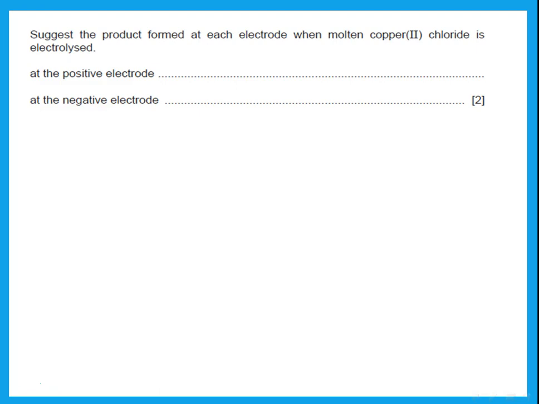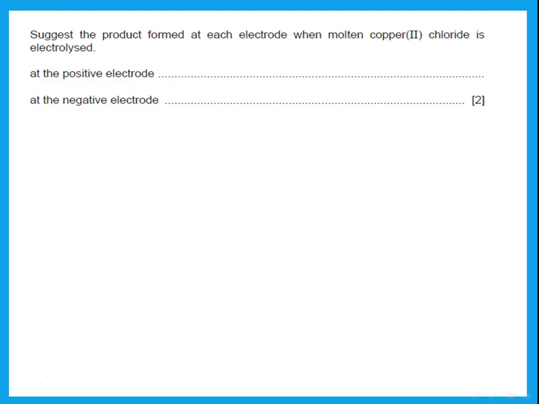Again, I'm going to do electrolysis of what? Copper chloride. So copper is the positive ion, the chloride is the negative ion. Remember we said, if you don't remember, it's usually the first one that is positive and the second one that is negative. What did I say?